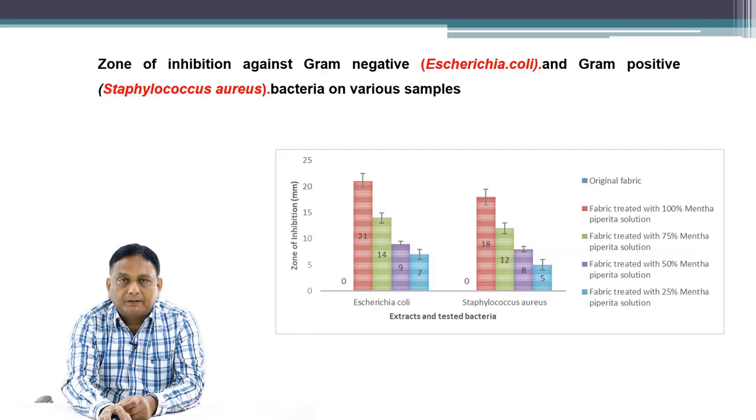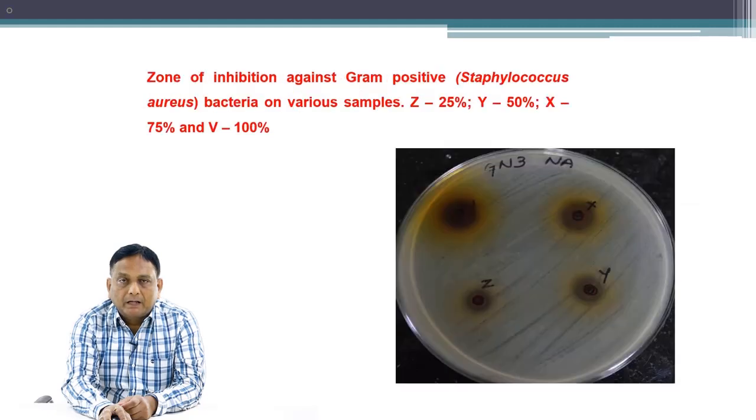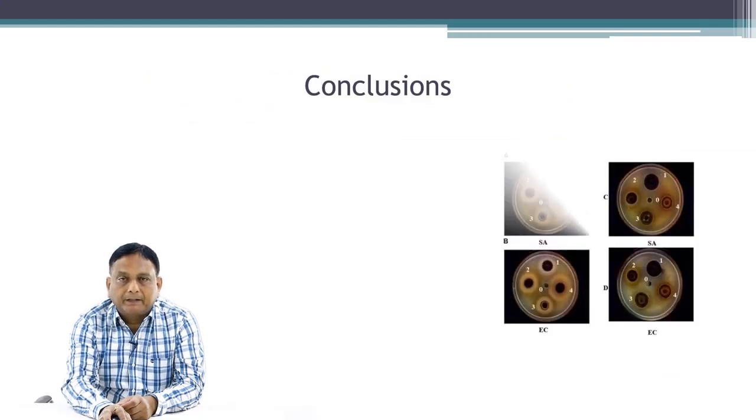These are the zone of inhibition graphs shown with this kind of bacteria, and these are the zone of inhibition photographs of those gram-positive and gram-negative bacteria.